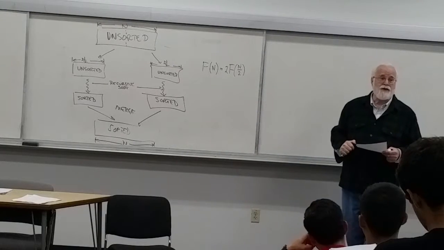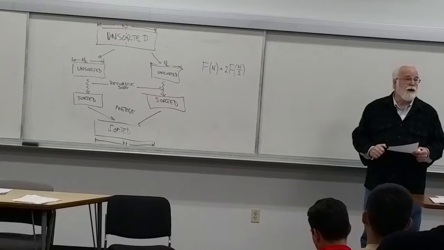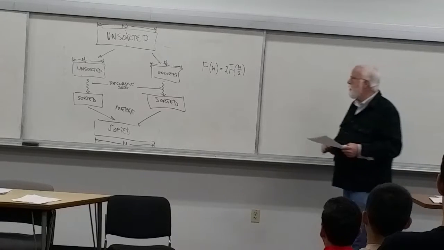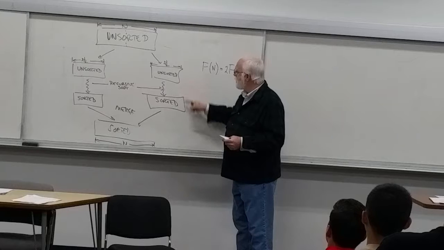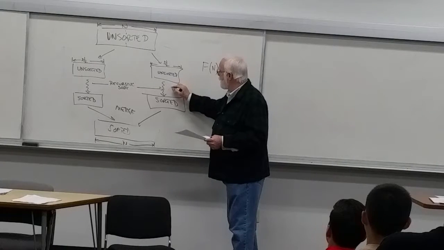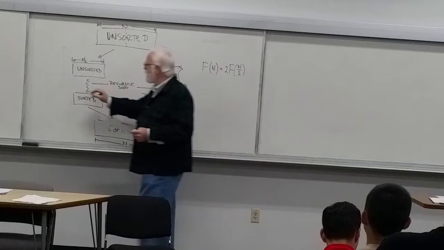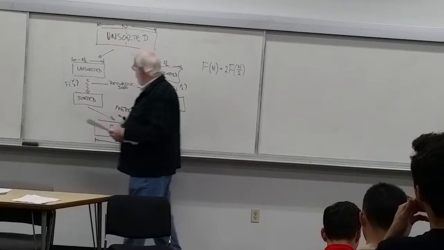Okay, so sequential processing and parallel processing for the same algorithm typically leads to different recurrence relations. The sequential one, this plus, and that's the cost of going from here to here. So this cost is F of n over 2. This cost is F of n over 2. And then we have to do the merge.